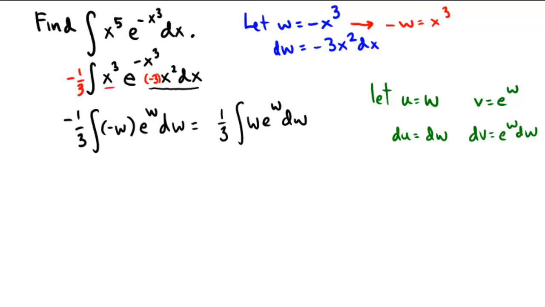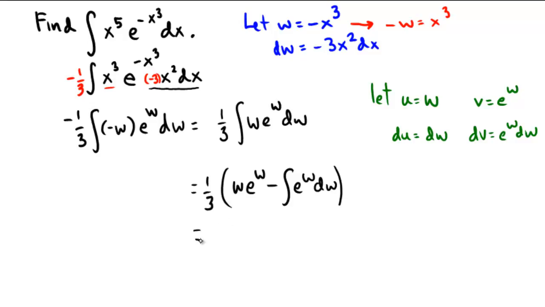So the integration by parts would now say that we'd have 1/3 u times v, so that would be w e to the w minus the integral of v, which is e to the w, du, which is dw.